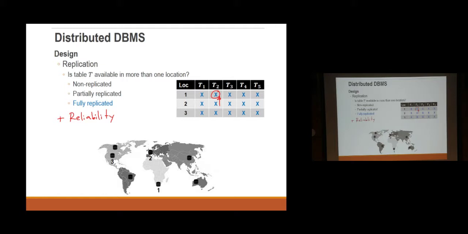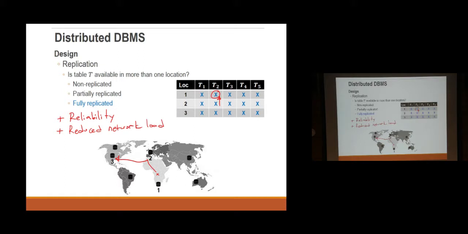The other advantage here is what we call reduced network load. Okay, so imagine that you are a user somewhere in Africa here. If the table is not replicated and you want to make a query, you will have to send your request, let's say, to location number 3.